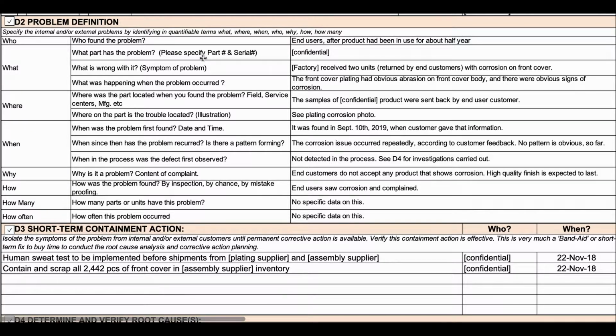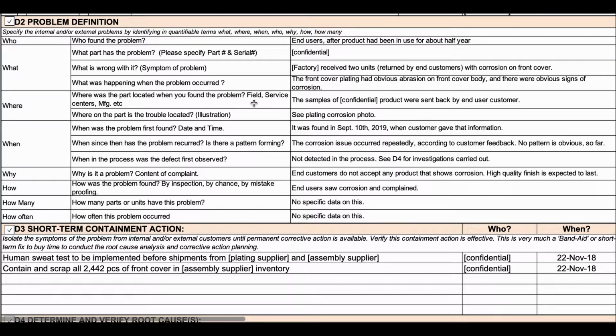What part has the problem? Put the part number, the serial number, or something like that. Very specific. What's wrong? Corrosion on the front cover. What was happening? There's abrasion and signs of corrosion, and maybe it's linked, but try to really give more context here. Where?